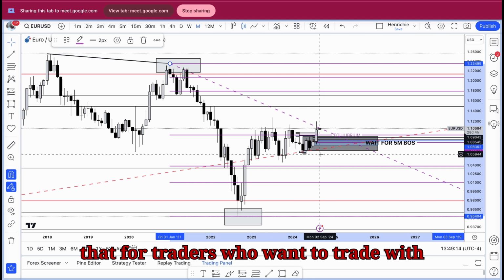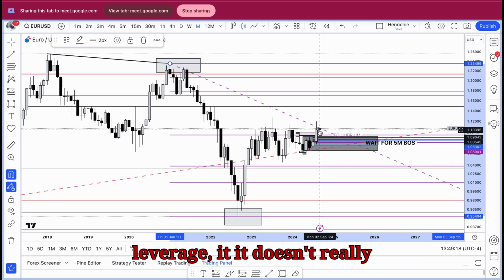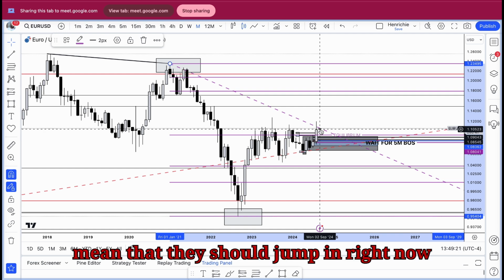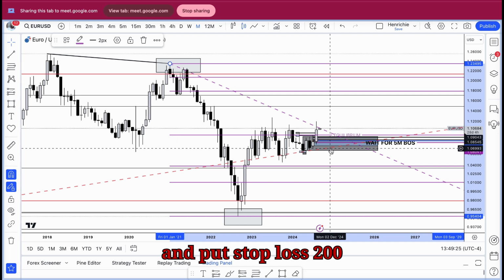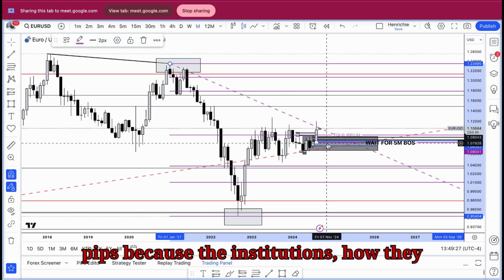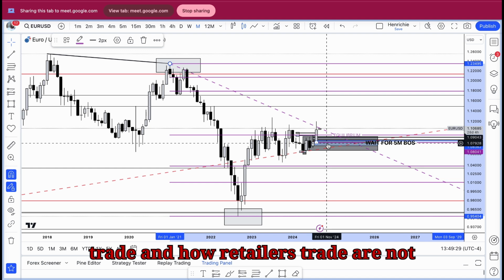Now, this doesn't mean that for traders who want to trade with leverage, they should jump in right now and put stop loss 200 pips, because how the institutions trade and how retailers trade are not really the same.